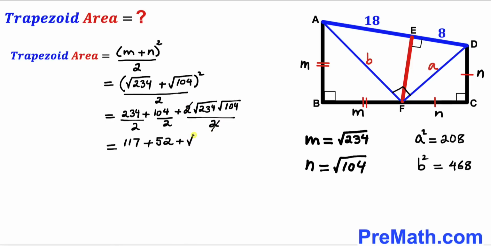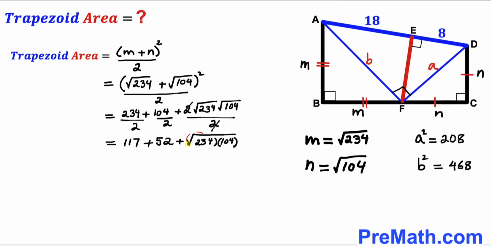So we end up with the square root of, we can write it together, 234 times 104. And if we multiply these radicands, that is going to give us 24,336, and we are going to take the square root of that one. And the square root of this one is going to be simply 156.